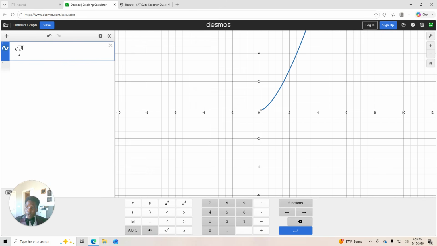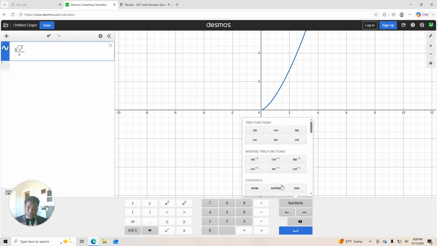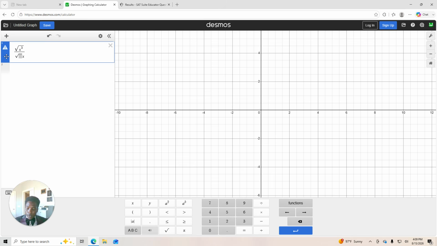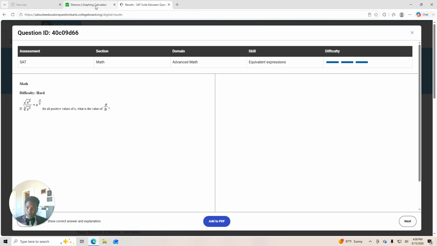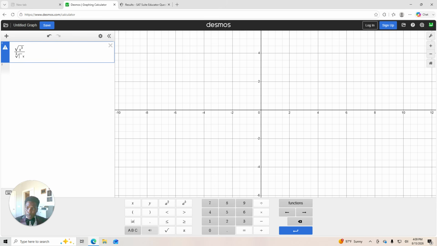Yep. And then on the bottom, let's go to function, scroll all the way down to where you can write the root, right there. I think it goes to the 3rd. Then x to the 4th. Bam. And now you set a regression sign again, because that's what allows Desmos to solve it.